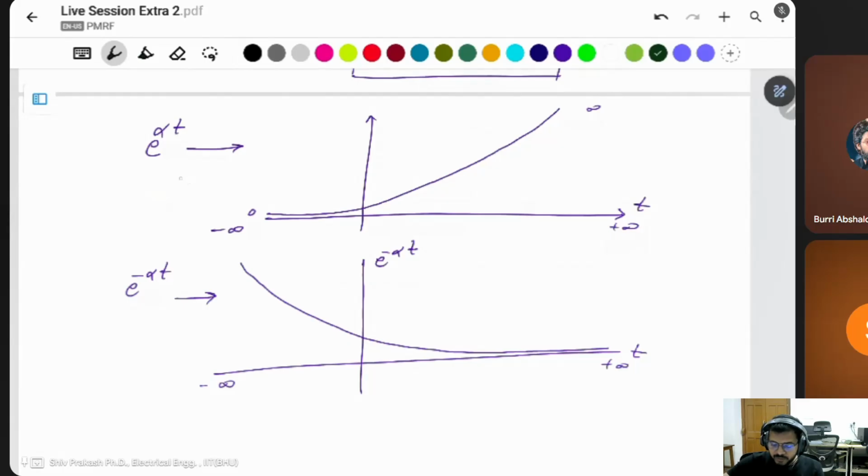But in the positive term, e power alpha, it can be taken as mod alpha, or you can say alpha is greater than 0. If alpha is greater than 0, then this will look like that.